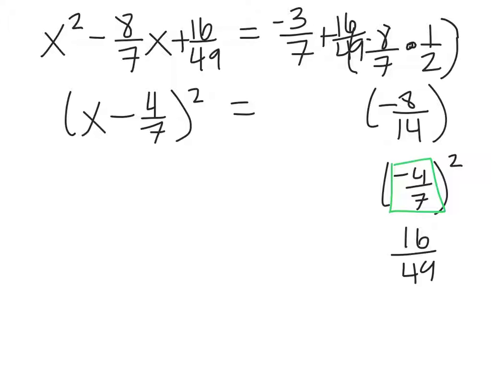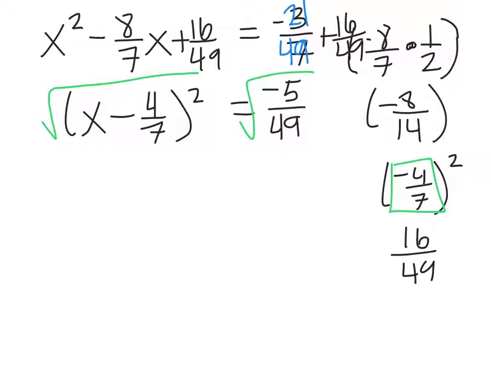If you multiply them both by 7, this becomes 49. And this becomes negative 21. So negative 21 plus 16 gives you negative 5 all over 49. Whew, this problem's tricky. So now what you need to do is you can square root both sides.